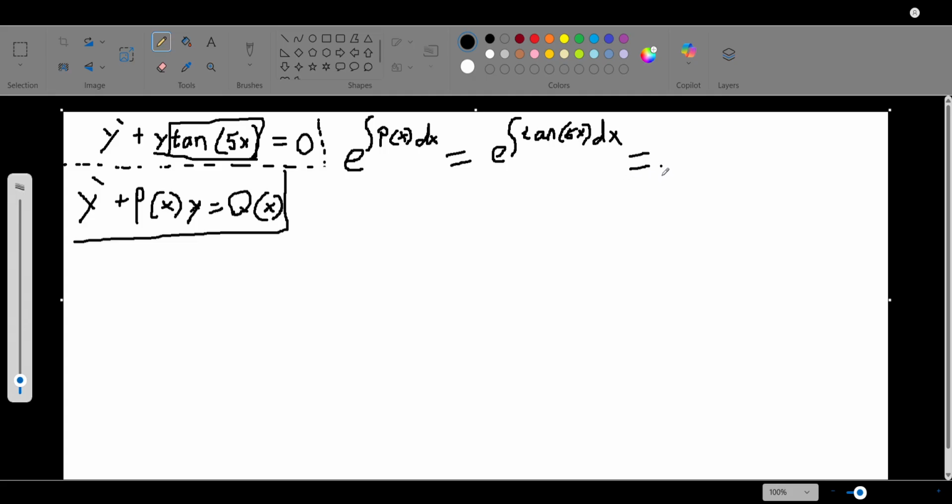So this is equal to e raised to 1 over 5, because it's 5x, times the natural log of the absolute value of secant 5x, plus c.